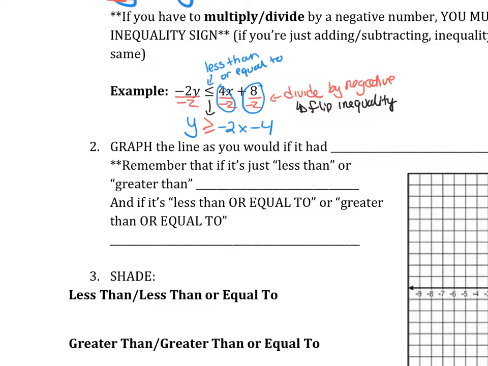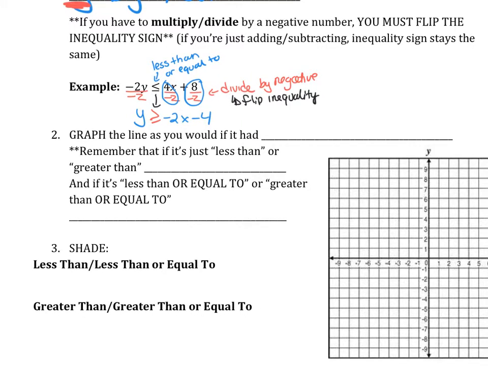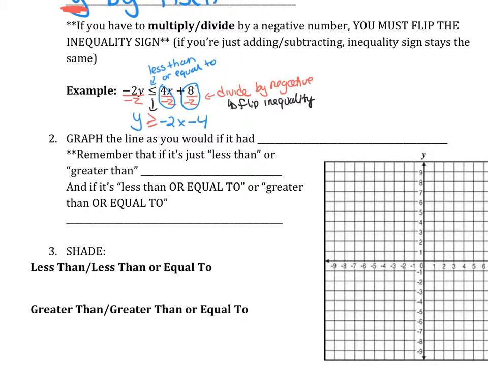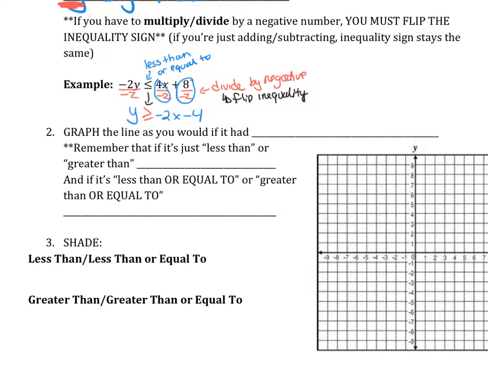Okay, so once you have y by itself on one side of your inequality, preferably the left side would make it a little easier, you're going to graph the line as you would if it had an equal sign. Just pretend it's a regular line that I'm asking you to graph.